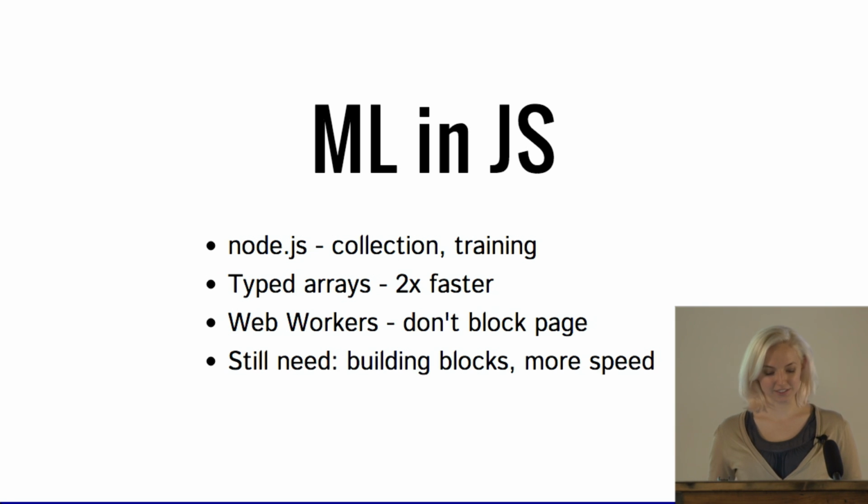And as you can see, it's clearly possible to do it now. But there's still stuff that JavaScript is lacking. JavaScript is definitely not your typical language you use to do machine learning. Languages like Python have a ton of really good building block libraries, and like MATLAB and stuff like that, which JavaScript is lacking.